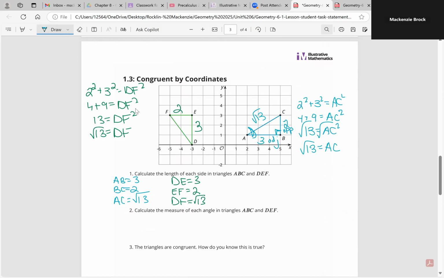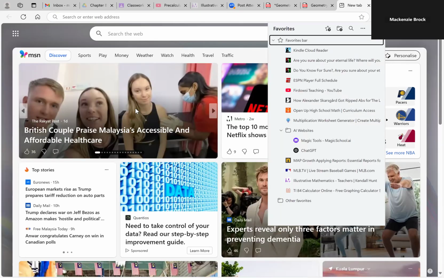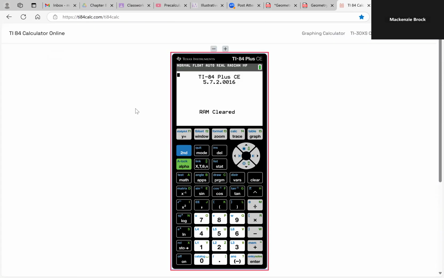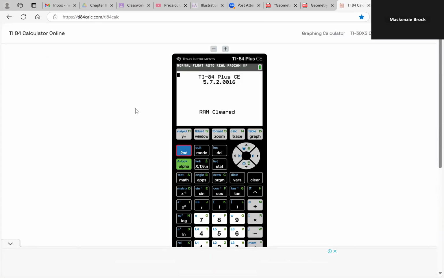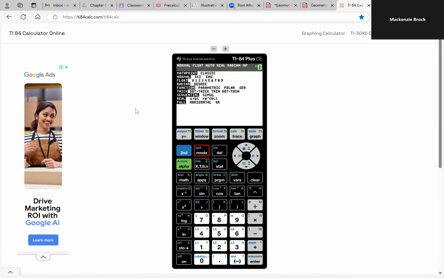Opposite and adjacent is tangent. So tangent of angle A is equal to opposite over adjacent. Remember, we take the inverse tangent of both sides, which leaves me with A is equal to inverse tangent of 2/3. Use your calculator. First of all, make sure your mode is in degrees, mine is not.